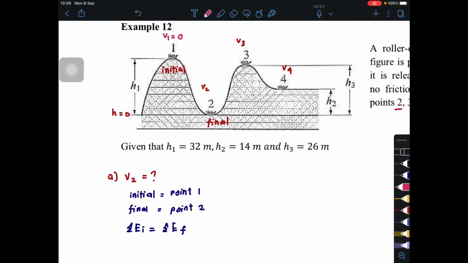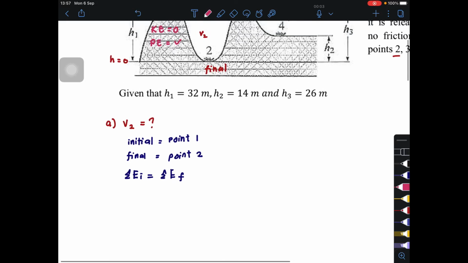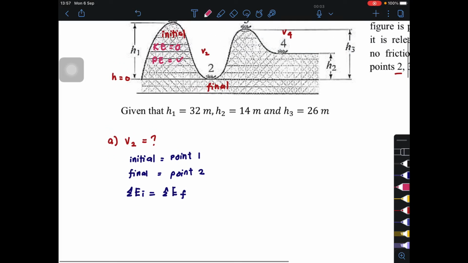So here, kinetic energy equal to 0. And since we have a certain height here, we do have potential energy. But we don't know what the value is yet, so just masukkan. Dekat initial kita hanya ada satu potential energy.